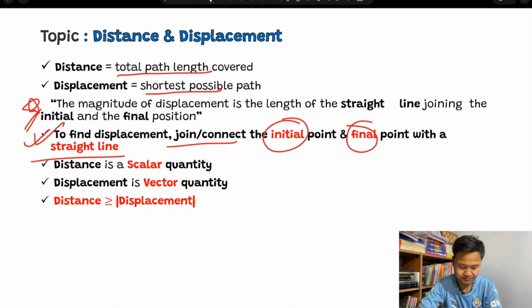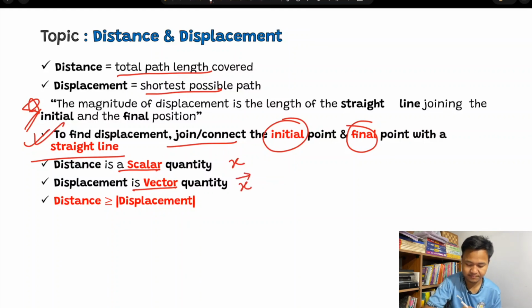Okay, so remember, now distance and displacement. Distance is a scalar quantity, displacement is a vector quantity. Suppose you write distance as x; displacement is a vector, so we'll write x bar.